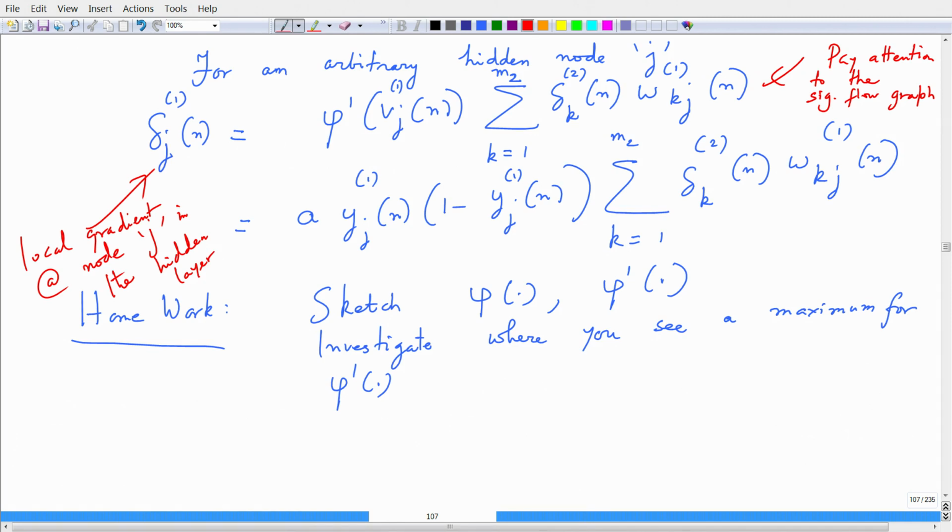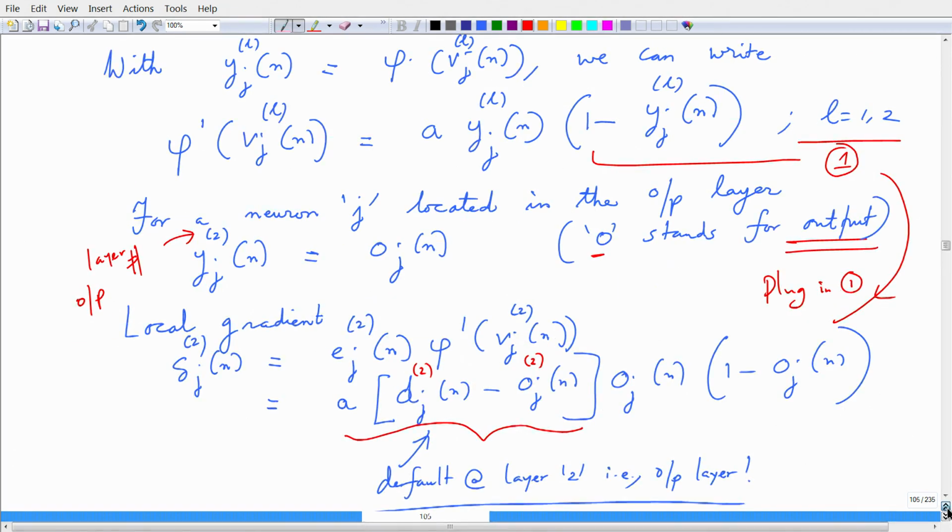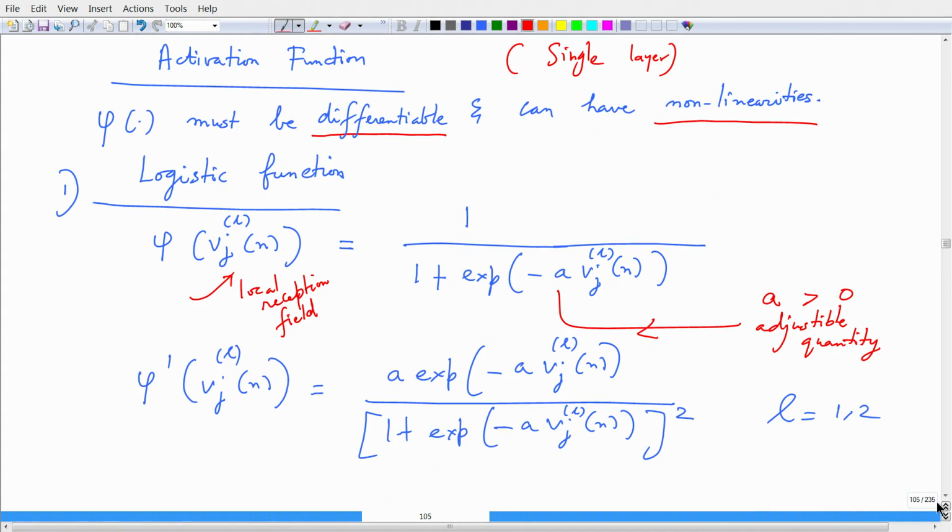So, as a part of a homework exercise, I would like you to sketch this activation function. I gave you this equation a couple of slides back. I want you to sketch this function phi, this logistic function, and see how it looks as a function of the local reception field and this constant a.